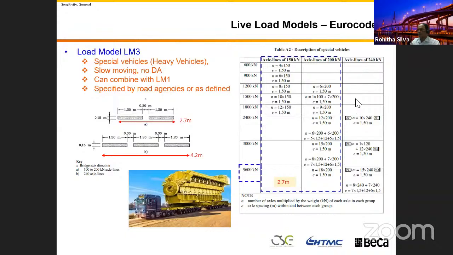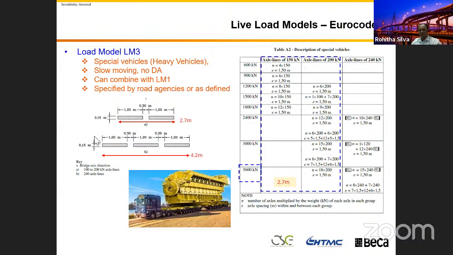But if you go to the heavy one with the heavy axle load, 240 kilonewton, the number of axles is 10, maybe 12, or maybe 15, or a combination of these. The width of the vehicle is wider, 4.2, because you have more wheels.